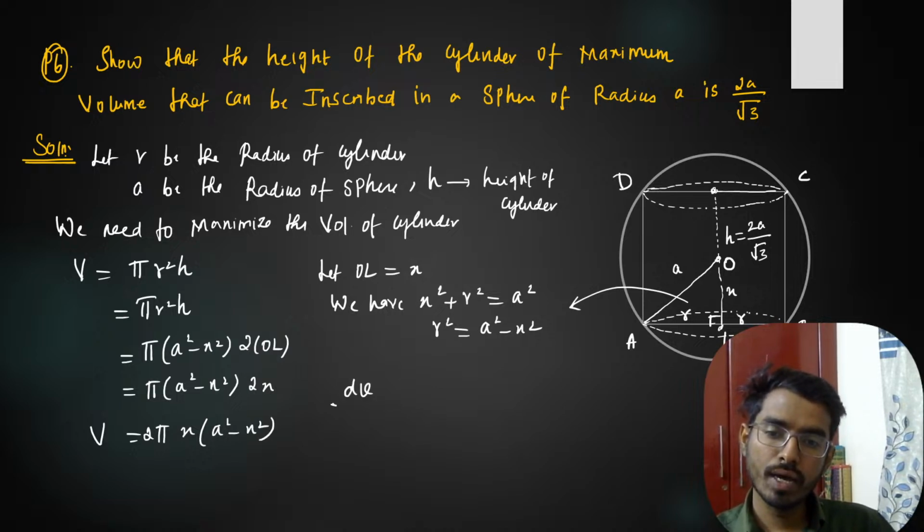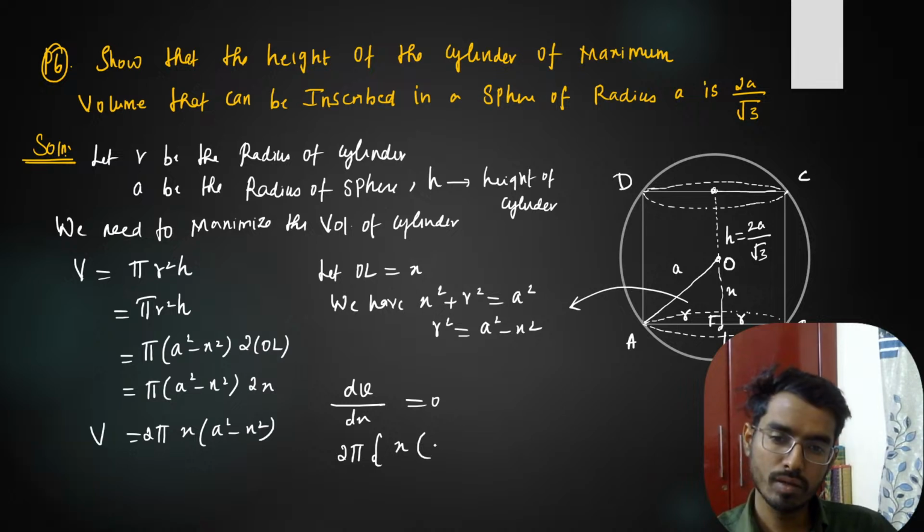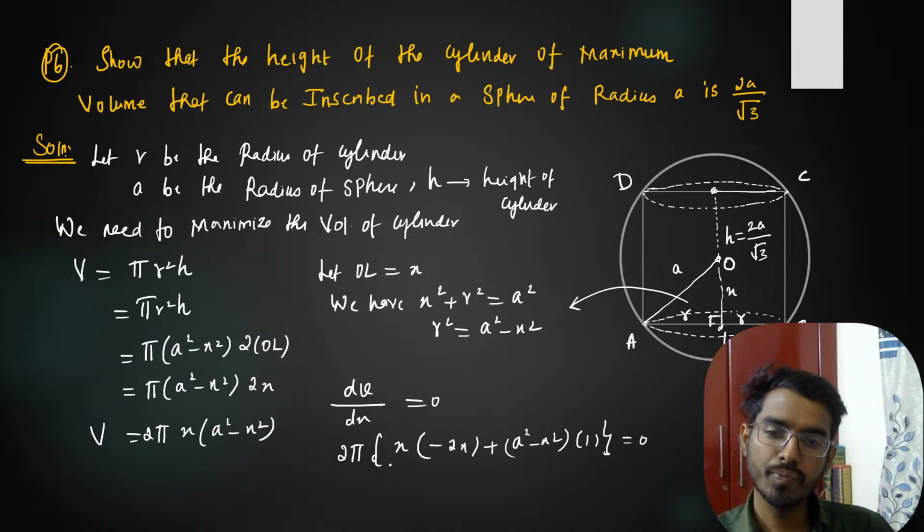We need to maximize this volume. So for that we set dv by dx equal to 0. 2 pi is constant, so we keep x as it is. The derivative of this is minus 2x, plus we keep a square minus x square as it is, and the derivative of x is 1, equal to 0. So this means minus 2x square plus a square minus x square is 0.